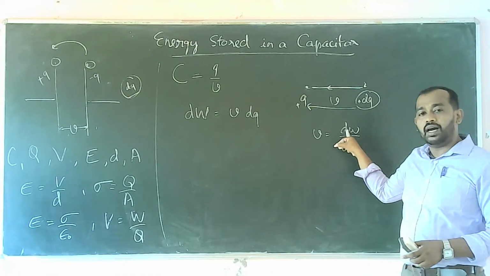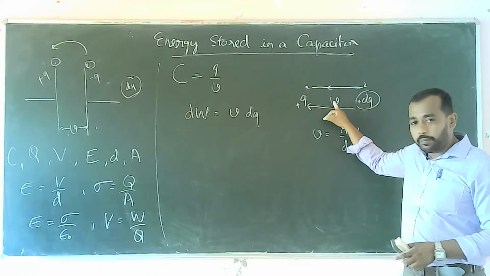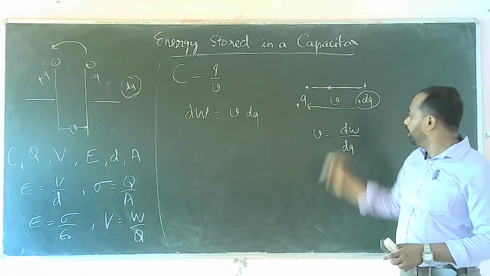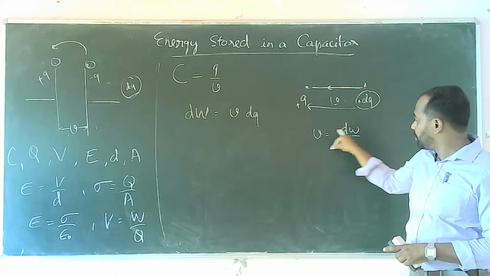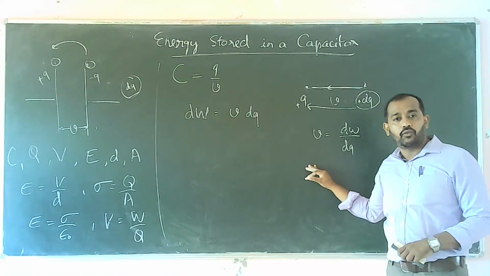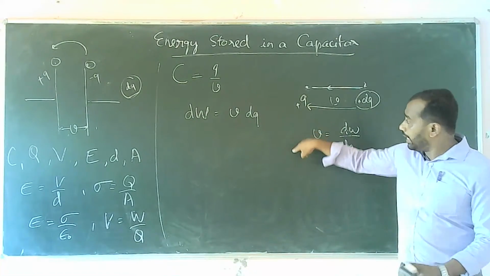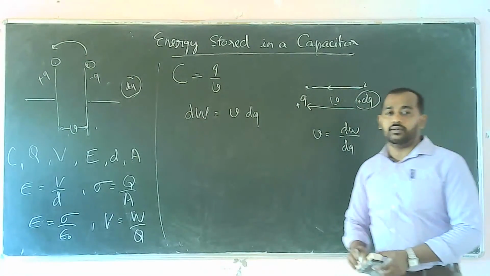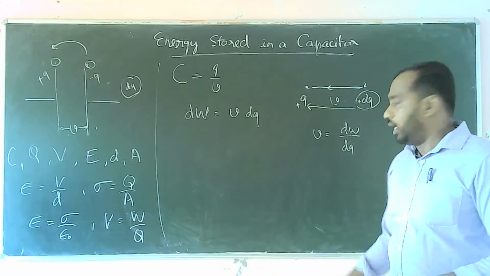That is dW, the amount of work done. The potential difference between the two points is V, and the charge transferred is dq. So V must be equal to dW by dq. That is obtained from the definition of potential difference. Rearranging that, we have obtained this equation. Now, is that clear? I will continue now.